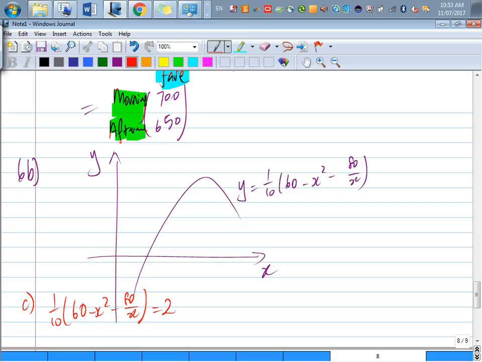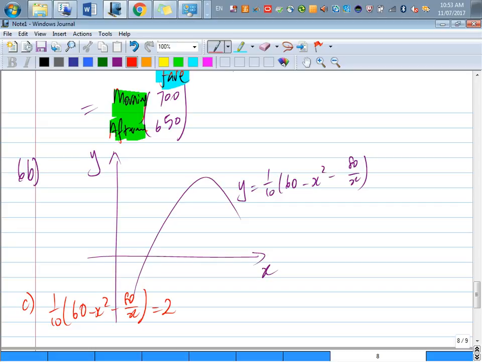Y equals to 2, but do you know why? Do you know why we need to plot the graph of y equals to 2? We need to find the x value, but why are we plotting the graph of y equals to 2? No, they didn't ask you to plot y equals to 2. So how do you conclude that?